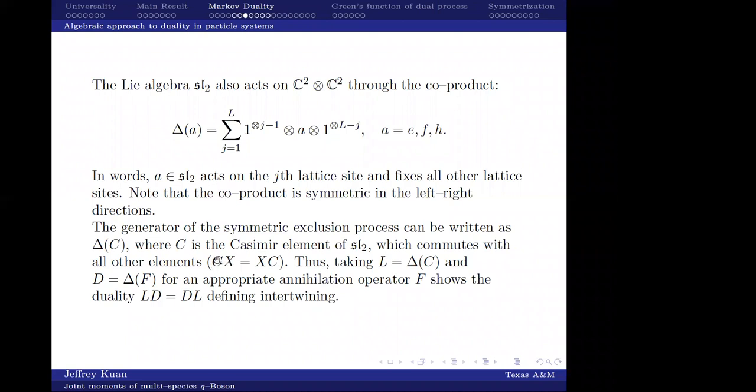So you take L to be the coproduct of C, and then you take X to be some appropriate annihilation operator, or series of annihilation operators F, and D is the coproduct of F. So Cx equals xC becomes LD equals DL. And since L is symmetric, this is L equals L transpose. So this is the equation defining intertwining. Yeah, so the annihilation operator, you just take your infinite particle system, you annihilate until you find out many particles.